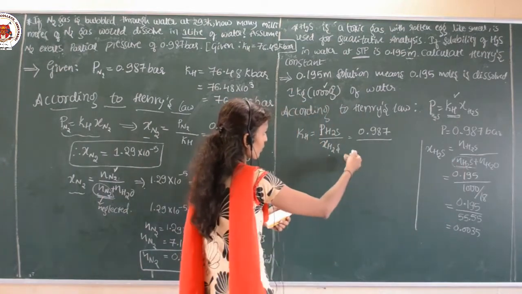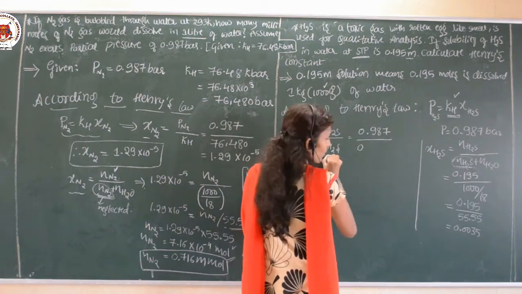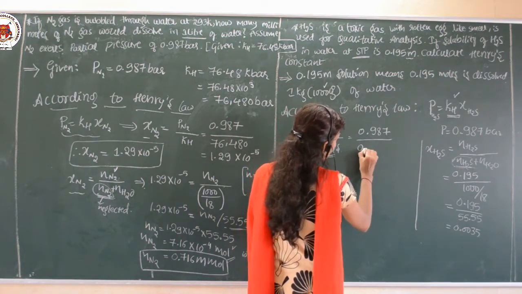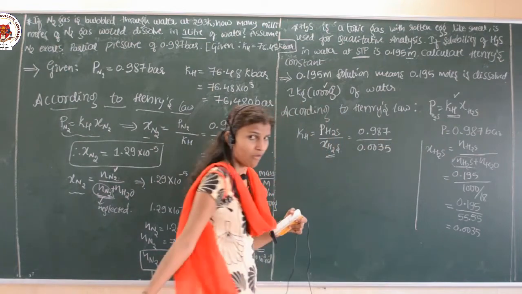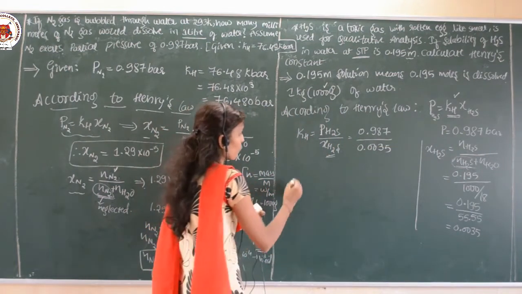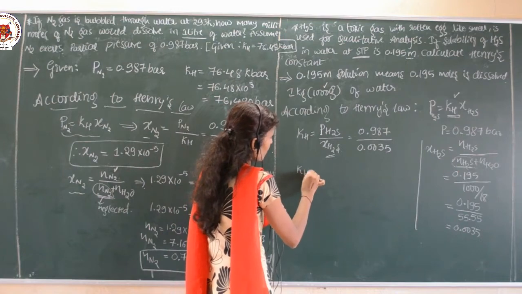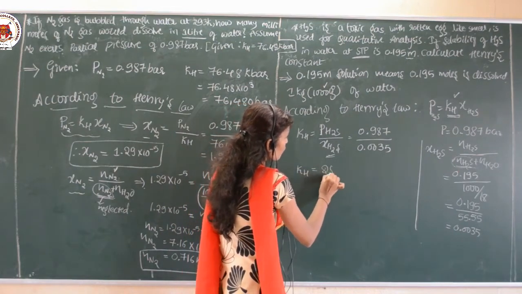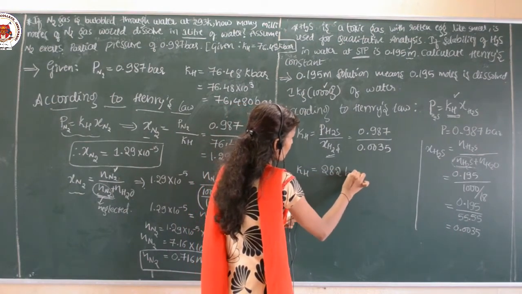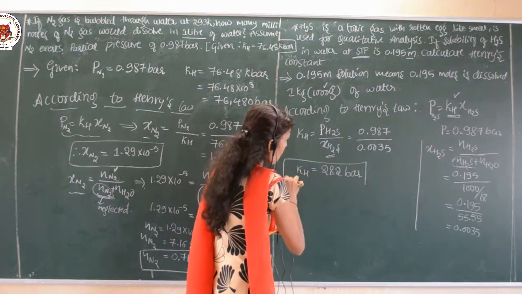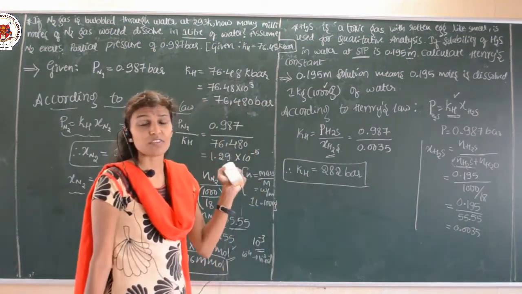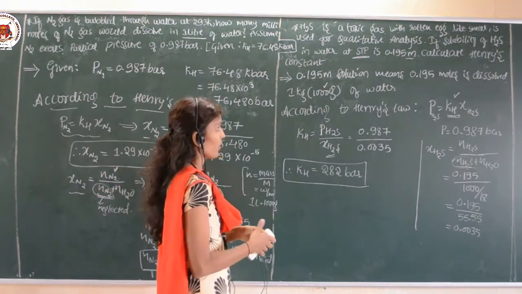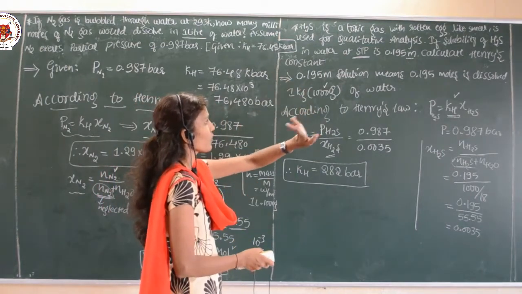Coming to this point, the mole fraction of H2S is 0.0035. Okay. If I calculate this, you are going to get the value of KH as 282 bar. So, this is how we can find out the value of the Henry's constant.